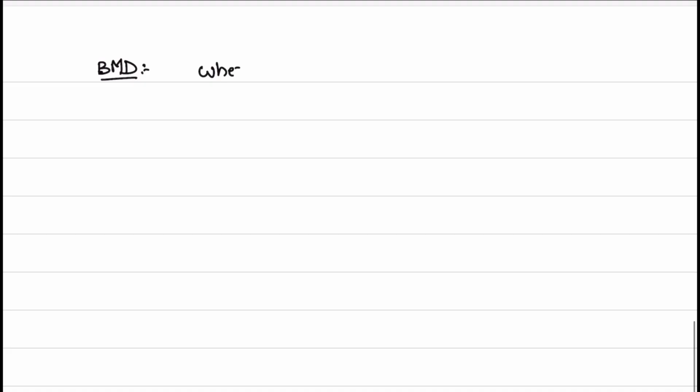BMD. There is a principle called, and this can be a point of multiple choice question, wherever SFD is equal to 0, that implies BMD is equal to maximum.